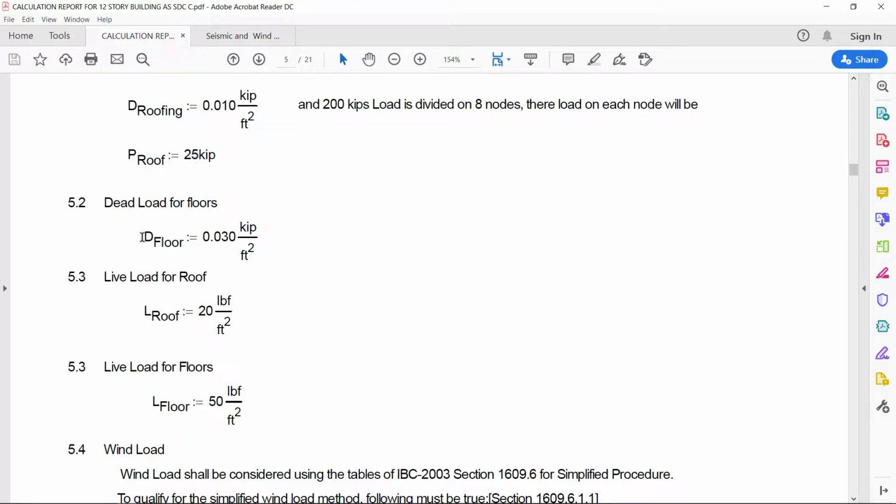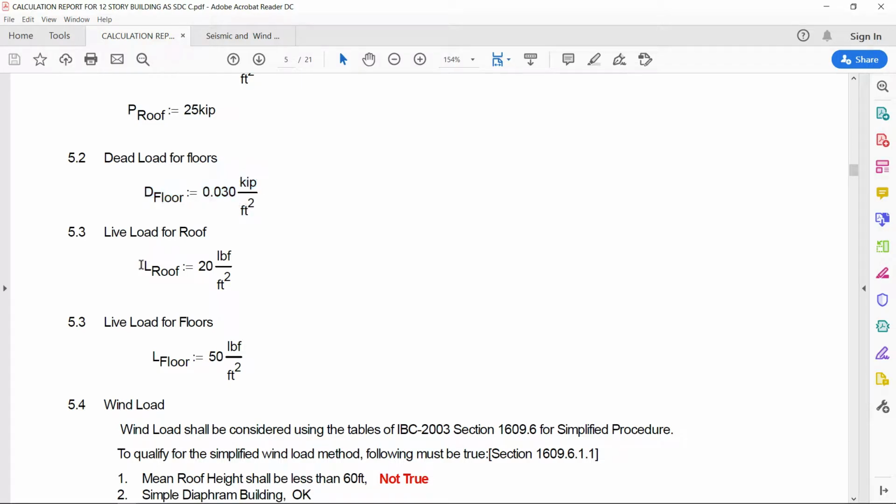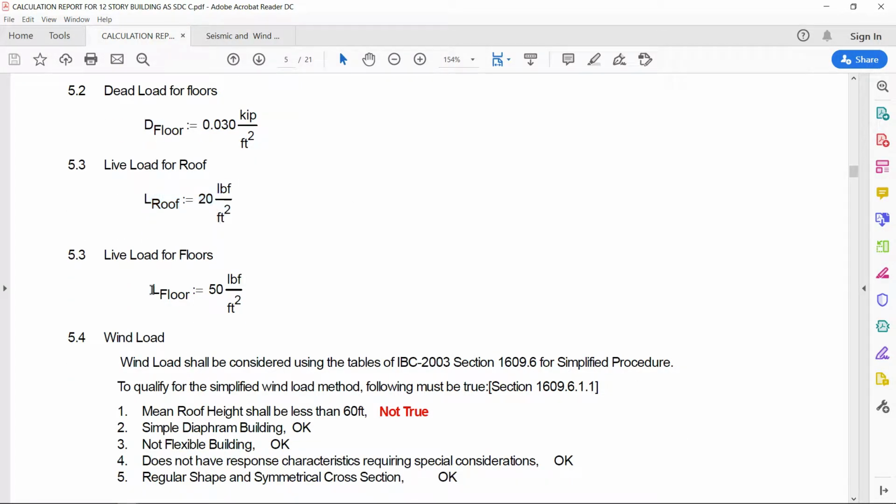Dead load for the other 4 floors was 30 pounds per square foot. Live load on the roof was 20 pounds per square foot, and live load on the floor was 50 pounds per square foot.